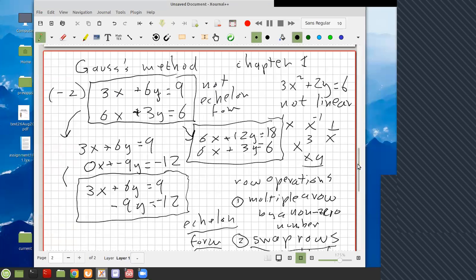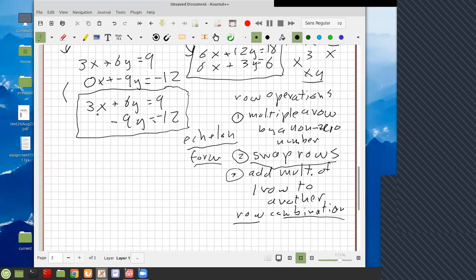But this is an echelon form, because this one has nothing underneath it, right? And this one, well, there's the last equation, so it also has nothing underneath it. So that's the goal, echelon form. This only required one row operation, but if we had 3 variables and 3 equations, you might need to do more row operations to put it into echelon form.